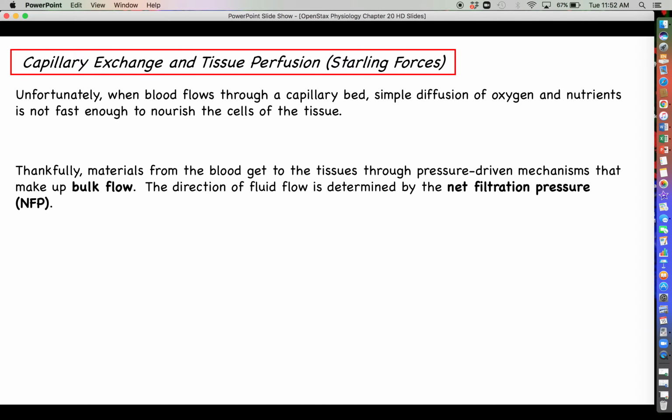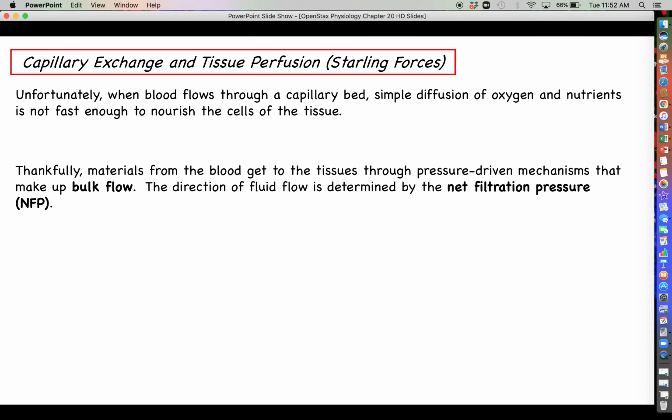As with anything else that we've discussed in the previous two chapters, this is going to be dependent on pressure gradients. So, as always, the direction of fluid flow is going to be from high pressure to low pressure. So, specifically, one of the major pressures that we need to consider here is what is called the net filtration pressure, and that is going to determine in which direction materials are moving.